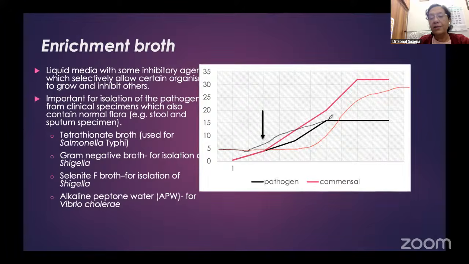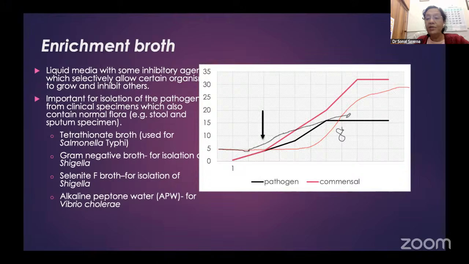Now at a certain stage, say about 8 to 12 hours, the alkalinity has started going down. Why? Because the organism is utilizing the products and creating byproducts which are acidic in nature, and the pH has gone down.